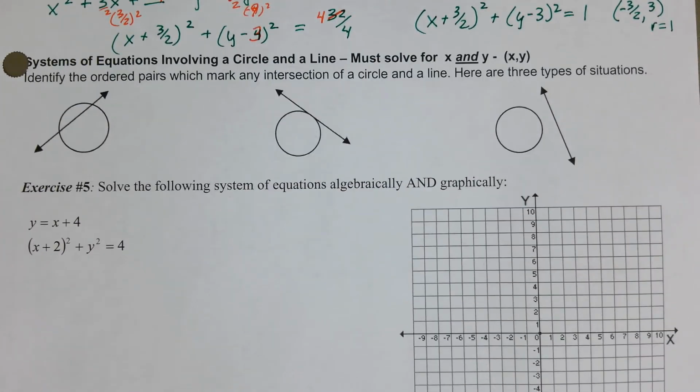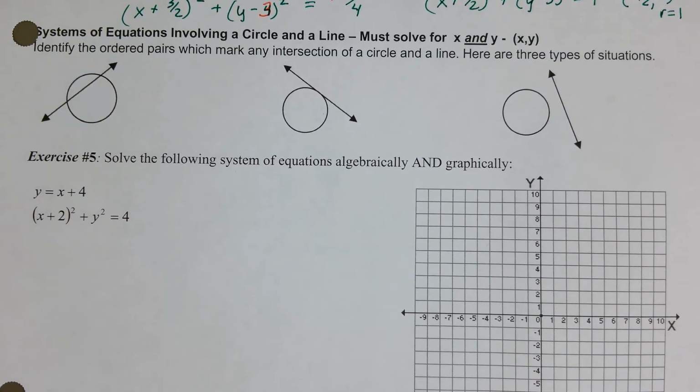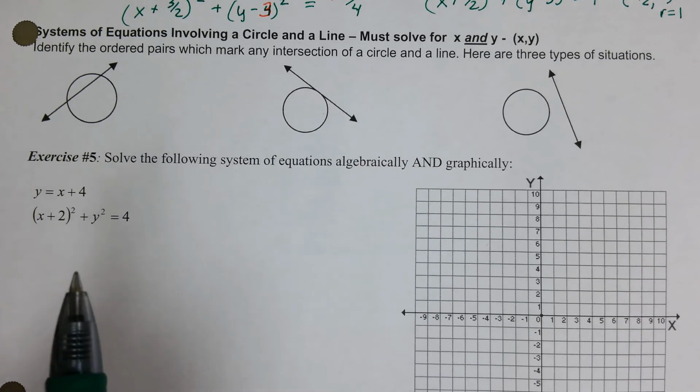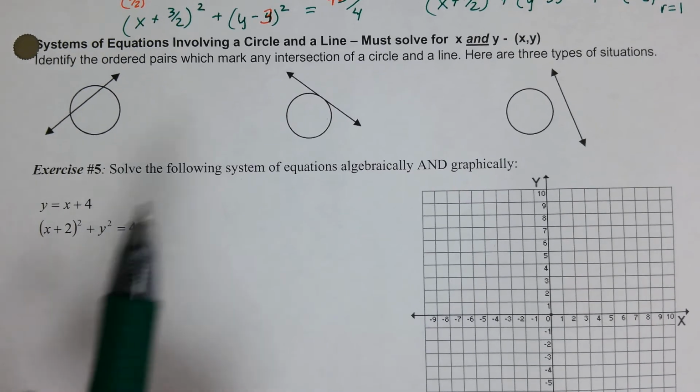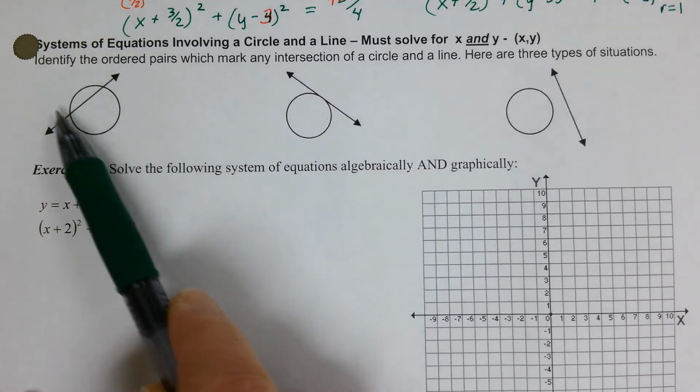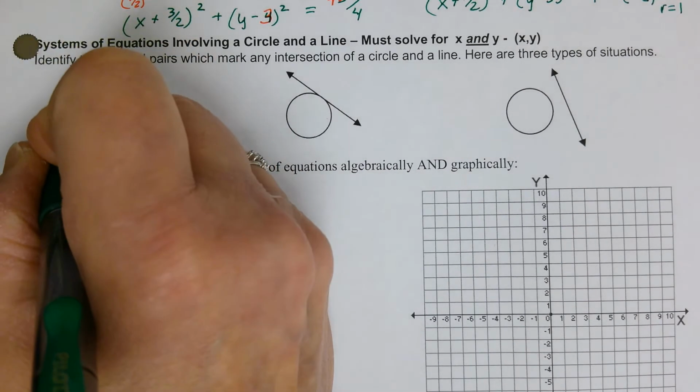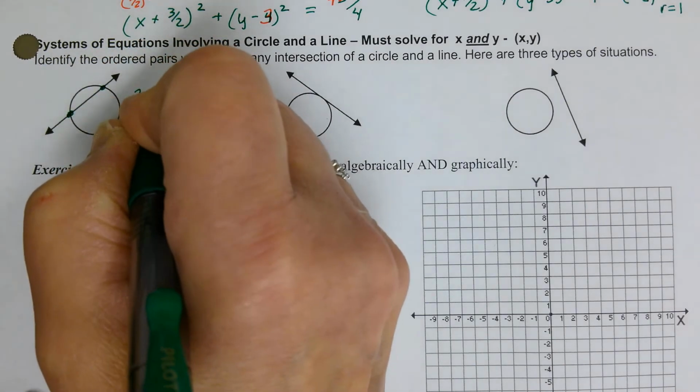Our last thing is systems of equations, and we'll have more practice with systems tomorrow. Systems of equations involving a circle and a line must solve for x and y. If you have a circle and a line, the possible situations are: the line and the circle intersect at 2 points, in which case you would have 2 solutions.